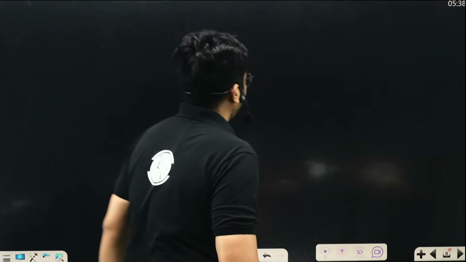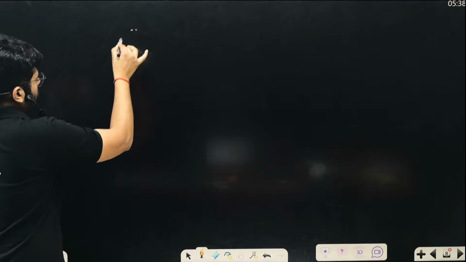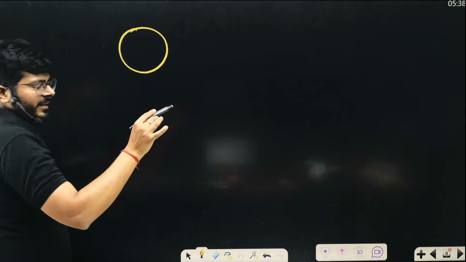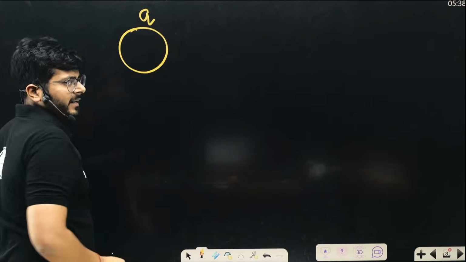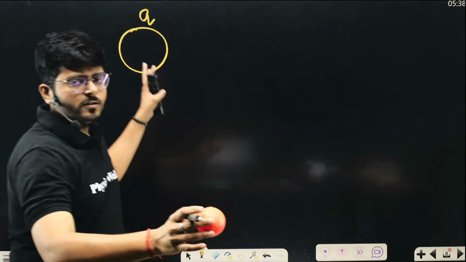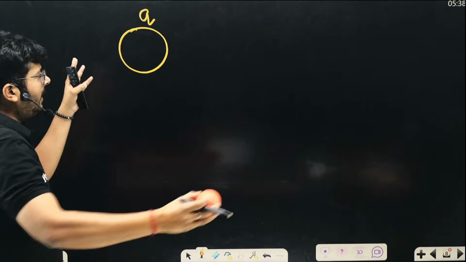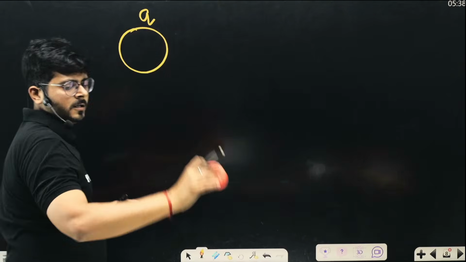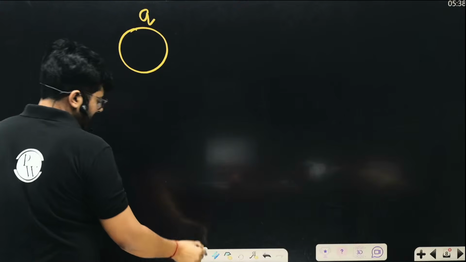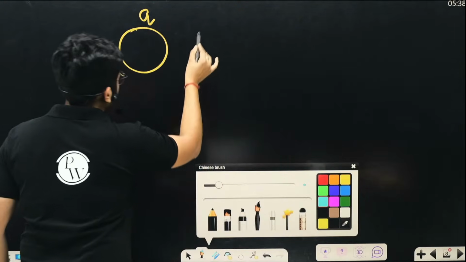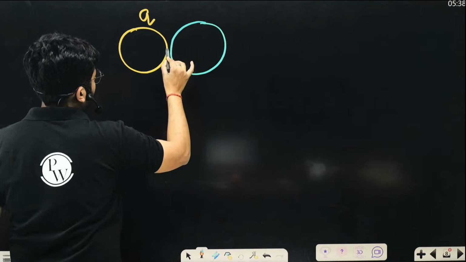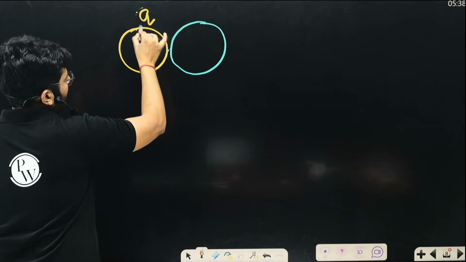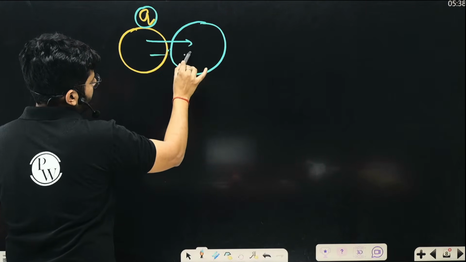So let us understand that. My dear kids, if two spheres are identical and conducting, and this one has charge Q, and right next to it I put another conducting but uncharged sphere of the same radius, what will happen? The charges will transfer from this one to that one.